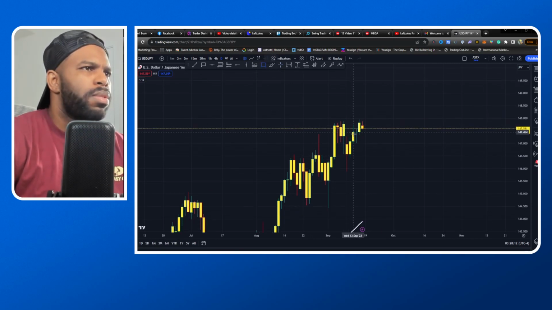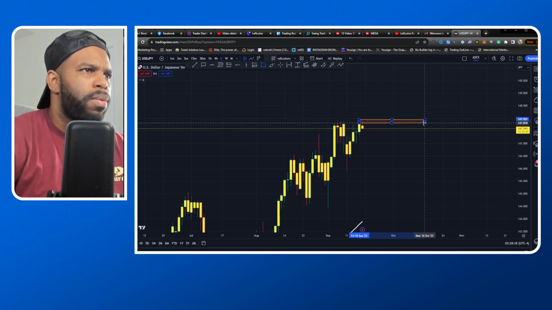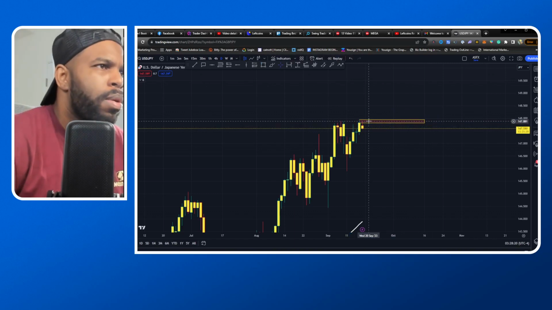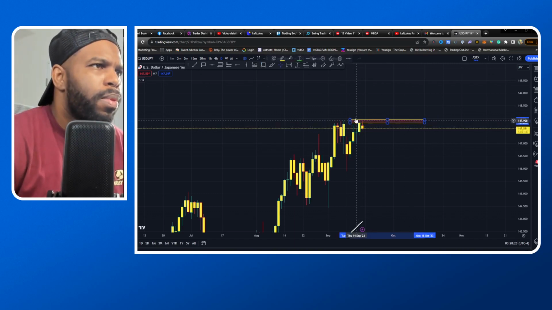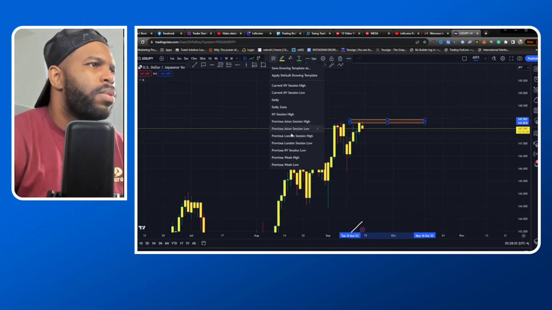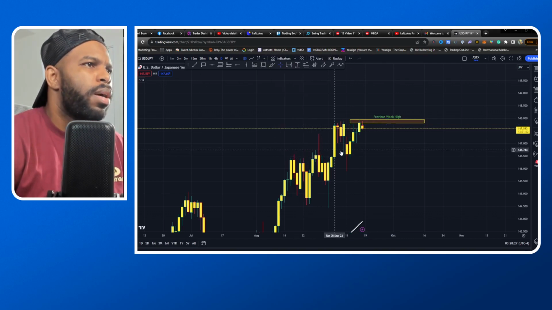Let's see. The weekly high was Friday, right there. Okay, we're gonna name that the previous weekly high, and then the previous weekly low was Monday.